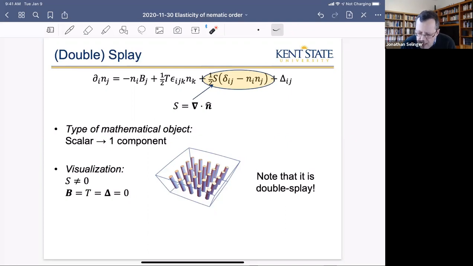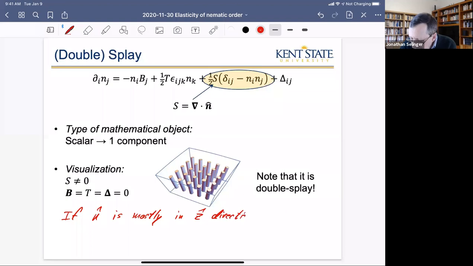So we could say, if the director is mostly in the z direction, then this deformation is represented by the combination dnx dx plus dny dy.